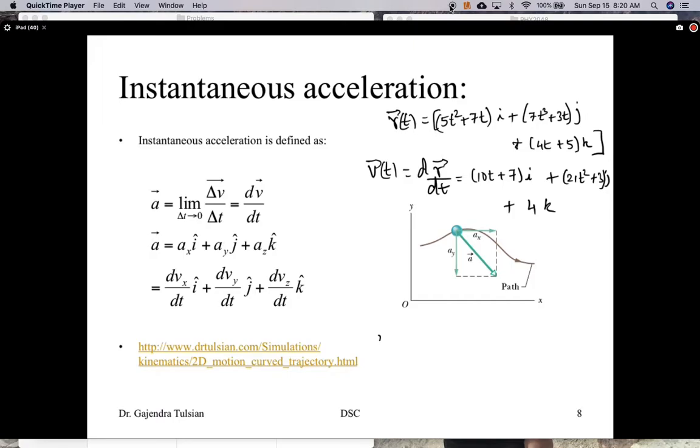And the acceleration would be dv by dt, and that would be 10 i plus 42t j plus 0 k. So there you go. Given the position as a function of time, you can calculate the velocity of the object and the acceleration of the object.